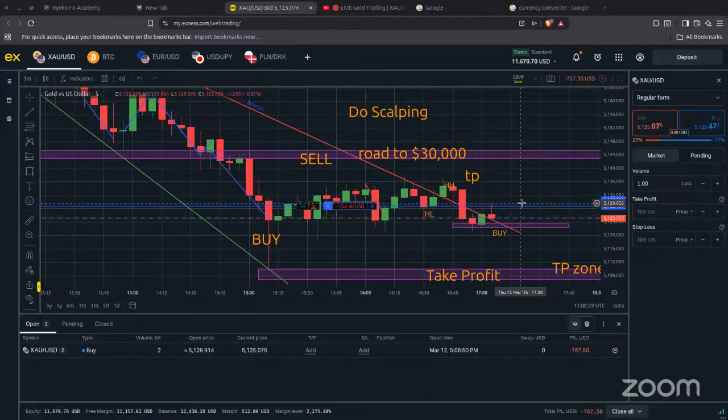So where is the price now? Plan A, we buy at 51.22 here. We buy here. Then we take our profit here.